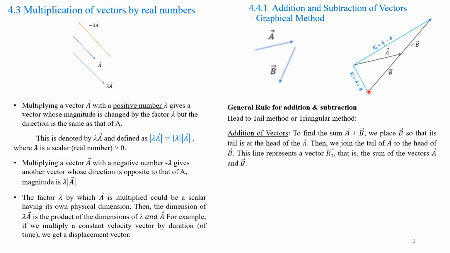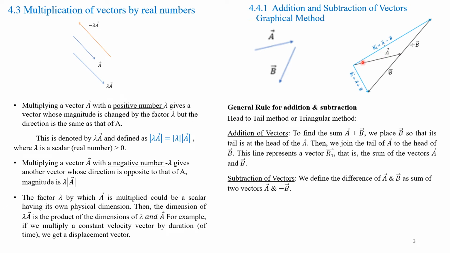For subtraction of vectors, we reverse vector B. That is, to find A minus B, we place A as it is and reverse the direction of B. This is shown here in this diagram. This is B and the top one is minus B. So the tail of minus B is placed at the head of A and the head is joined from the origin.